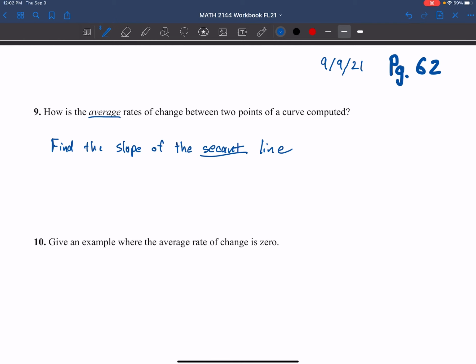The slope of the secant line, or m sub secant, is going to be f of t2 minus f of t1 divided by t2 minus t1, for an interval t1 to t2. Time will always be your independent variable, so time acts as your x, and f of t acts as your output, your y value.